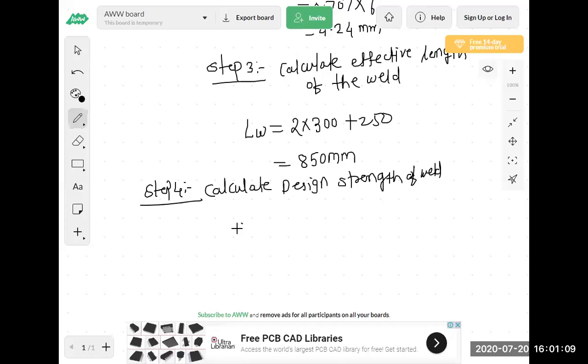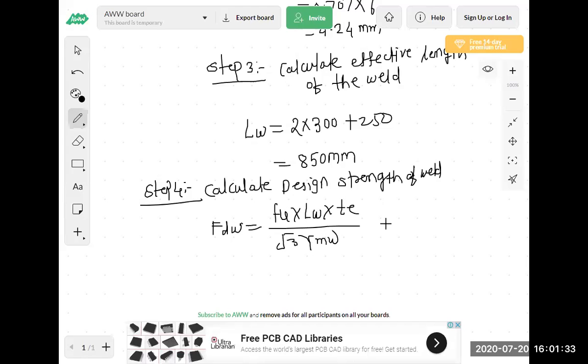Now here fillet weld is given. Which type of weld is given? Fillet weld is given. So for fillet weld, what is the formula? Fdw is equal to, for fillet weld, Fu into Lw into t divided by root 3 gamma mw.